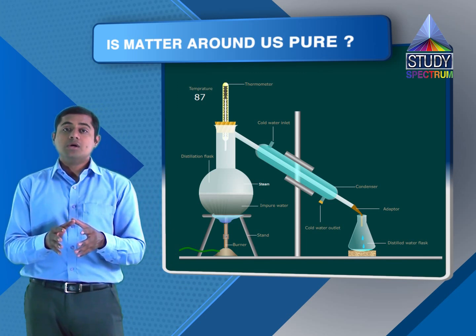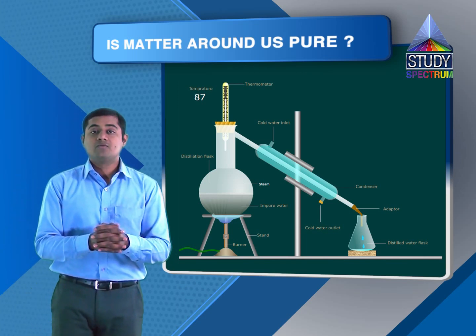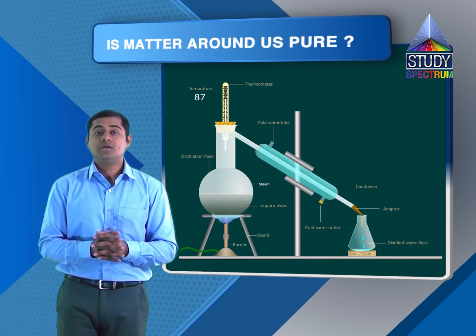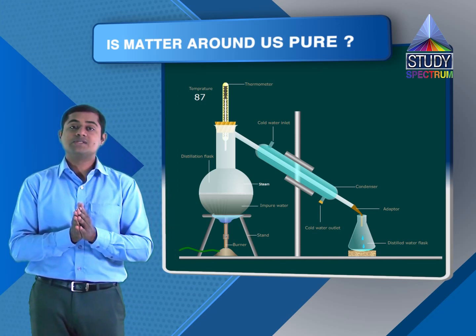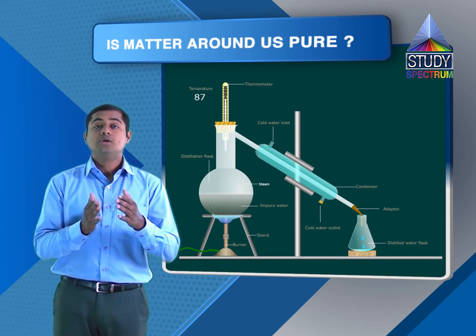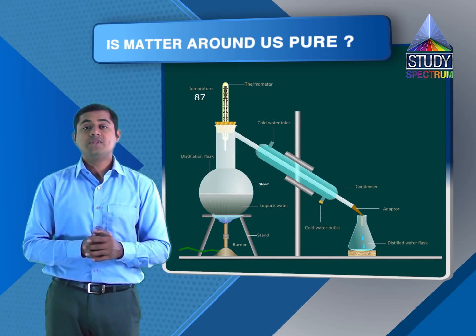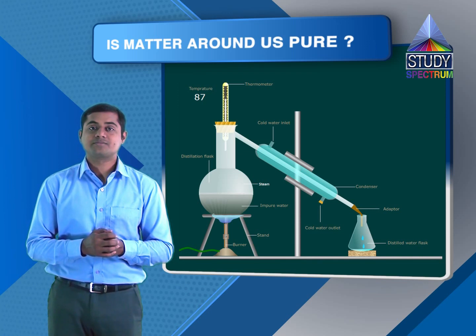This is how two miscible liquids, for example acetone and water, can be separated into two substances with the help of distillation.